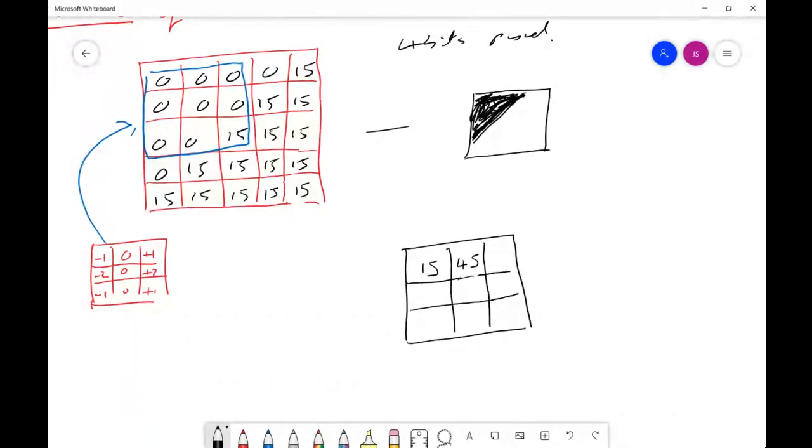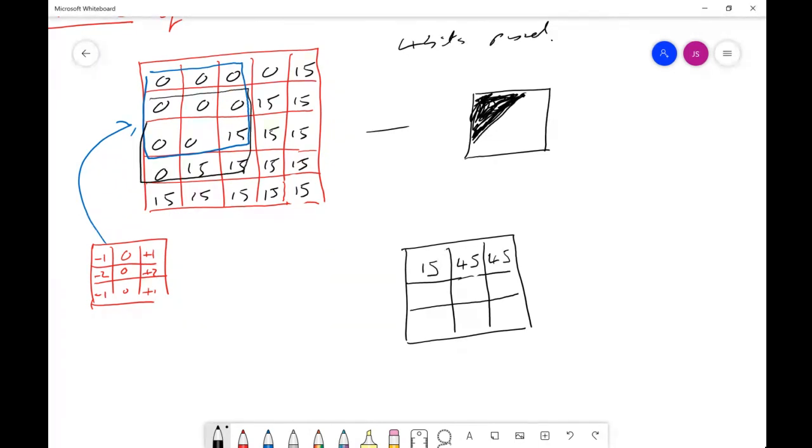The next position is going to be 15, 30, 45, 60, minus 15, 45 again. Moving down to the middle, shift the window down.